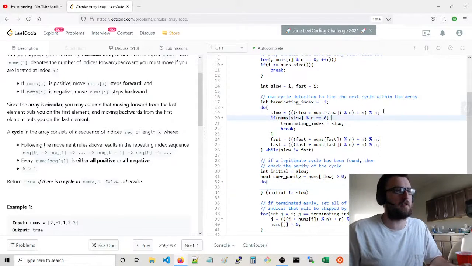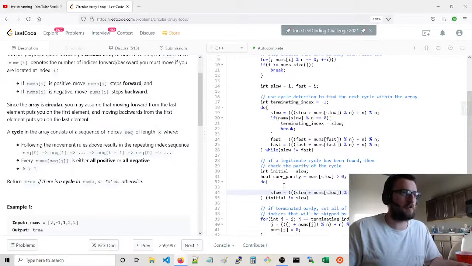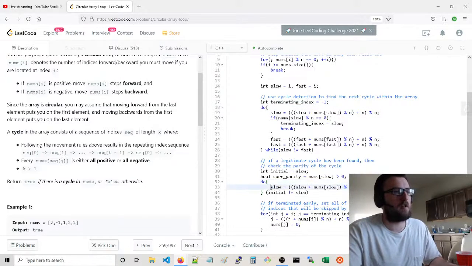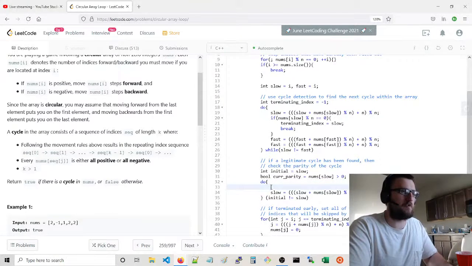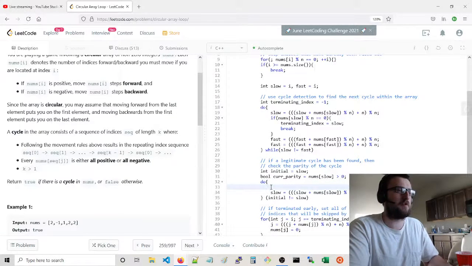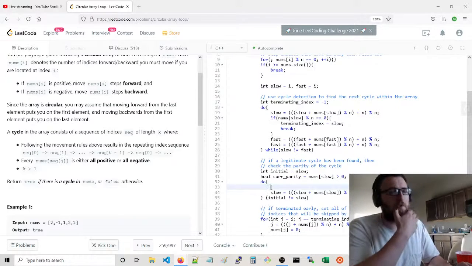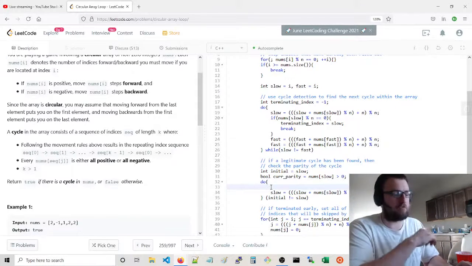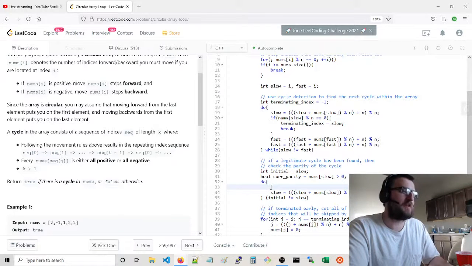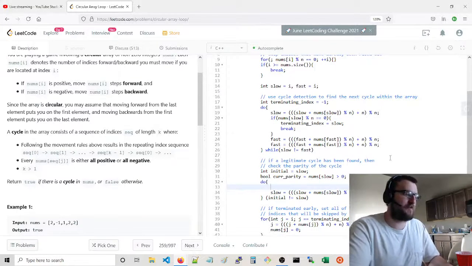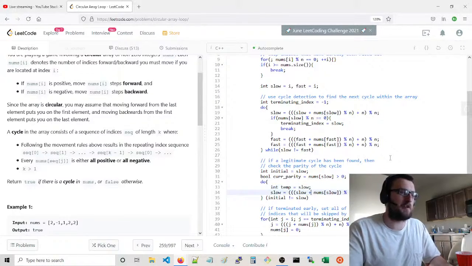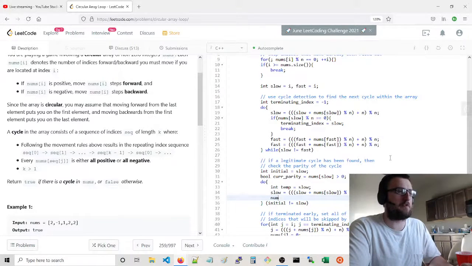We're going to update slow each time. Each time we do this, we'll use a pointer actually. We'll just do int temp equals slow, right? Then we're going to update slow, and then we're going to say nums of temp, we're going to set that to 0.